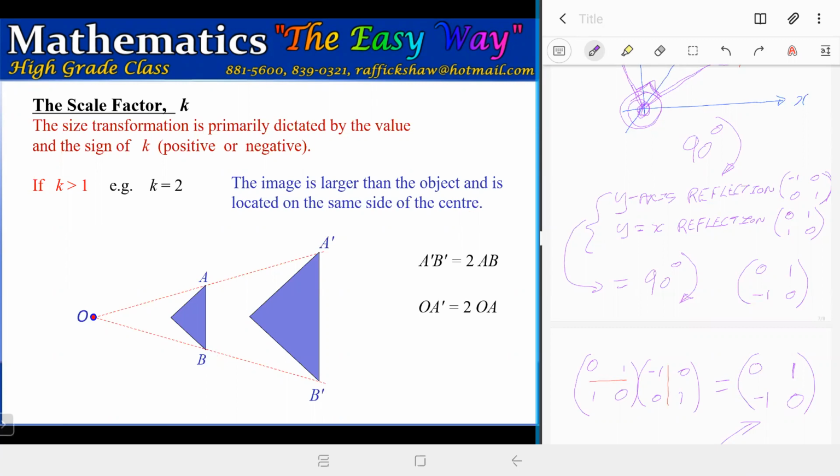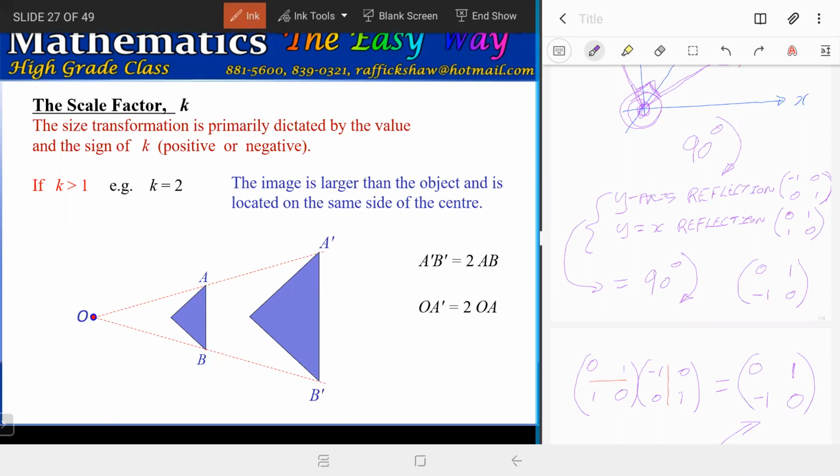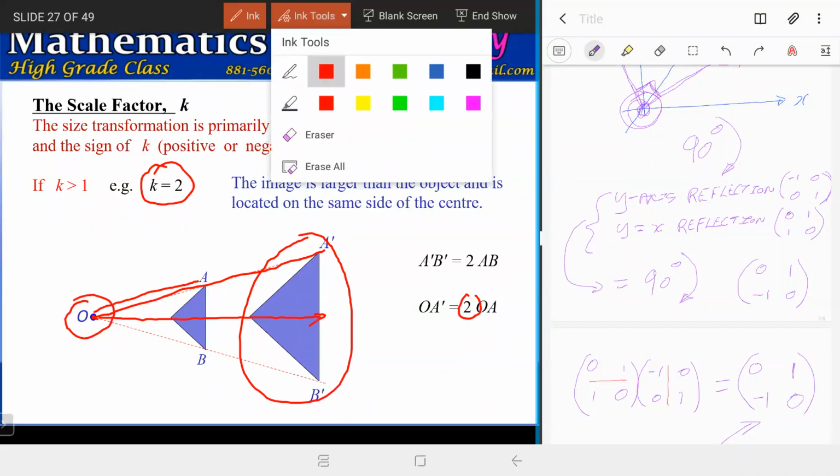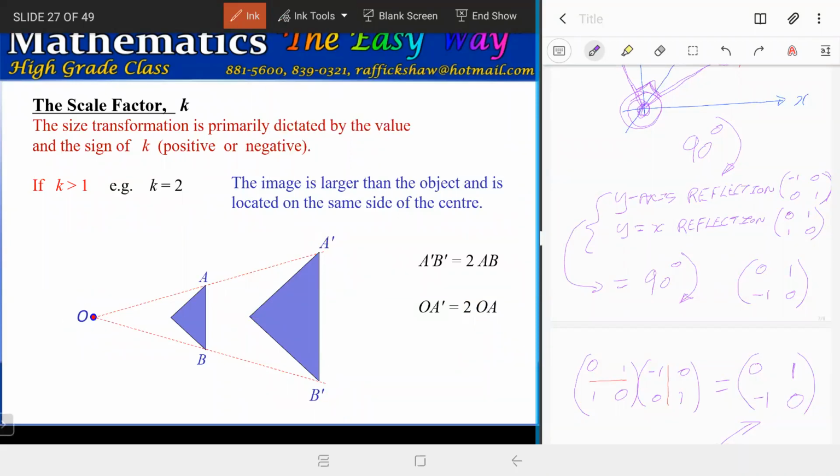The image is now twice the distance away. See there, the distance all the way up here is twice the distance to here because of the scale factor. So not only is the image twice as large, it is also twice the distance away from the center of the enlargement. Very important.